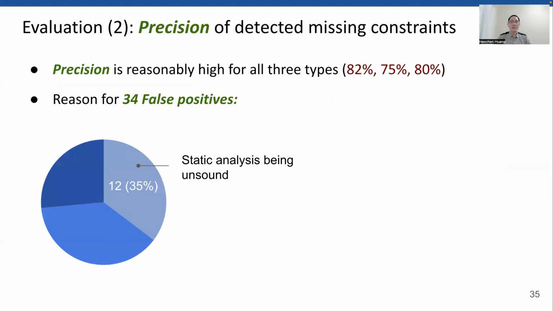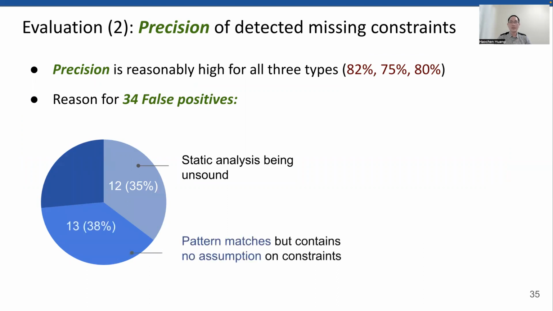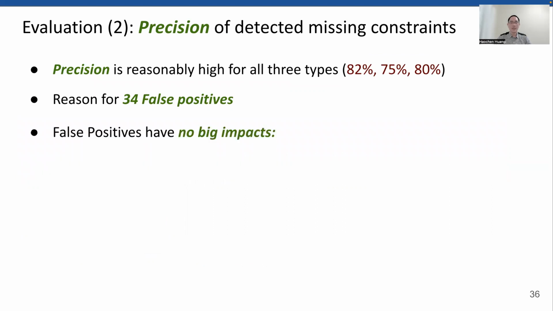In total, 34 false positives are introduced. 12 are caused by the static analysis being unsound, and 13 are caused when code matches the pattern but contains no assumption on constraints. The reported false positives will not cause a big impact and can be easily recognized, because developers can check the code snippet that implies a constraint.